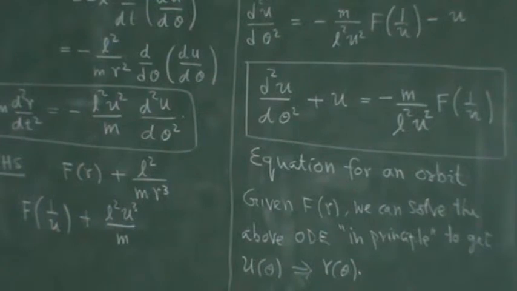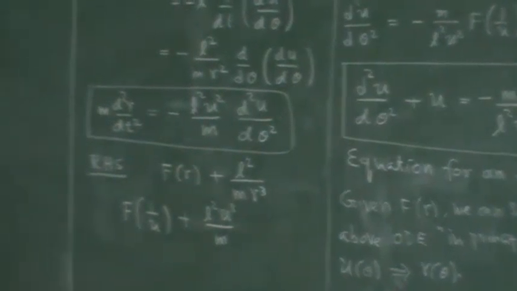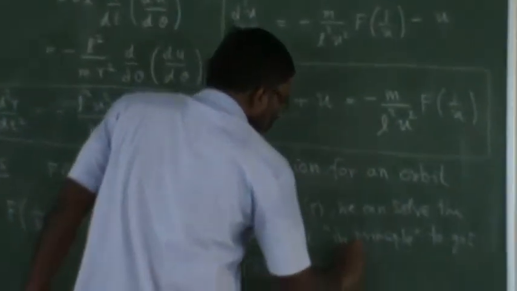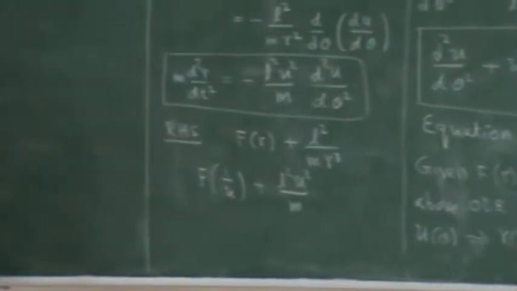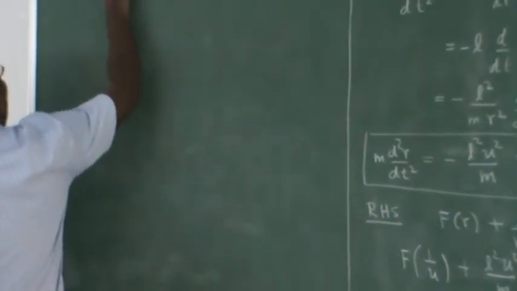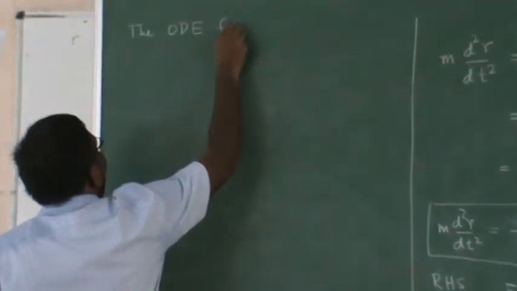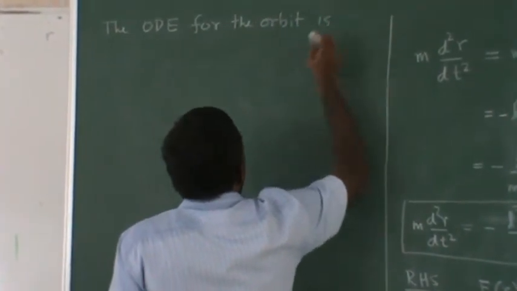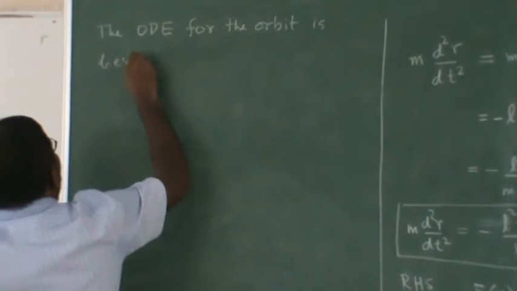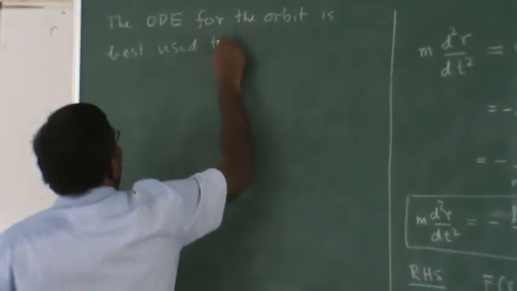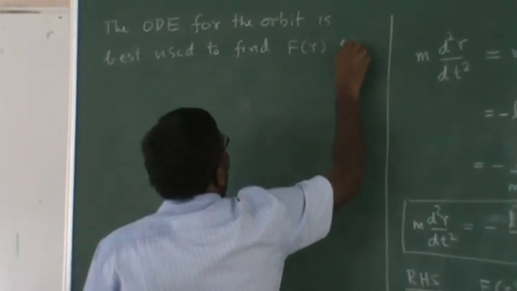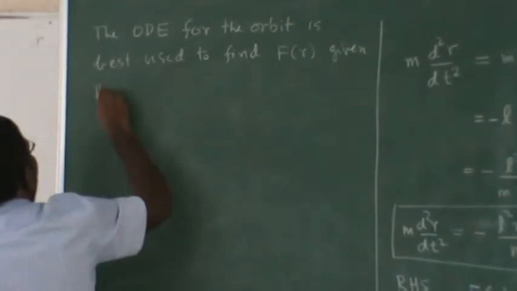Now, how to find the orbit? Let me say that even though this is in principle said, the differential equation for the orbit is best used to find the force f given r.